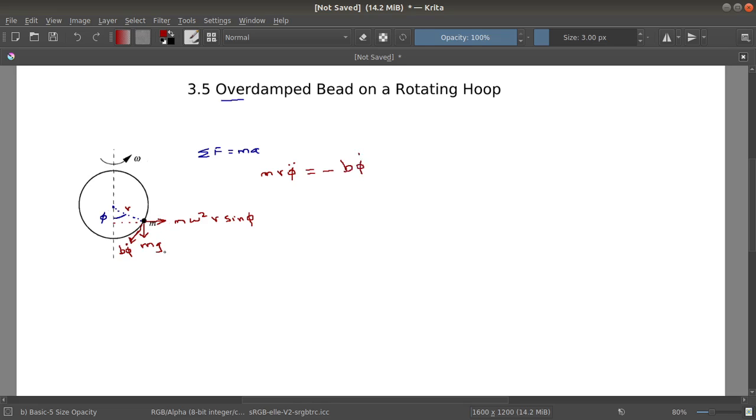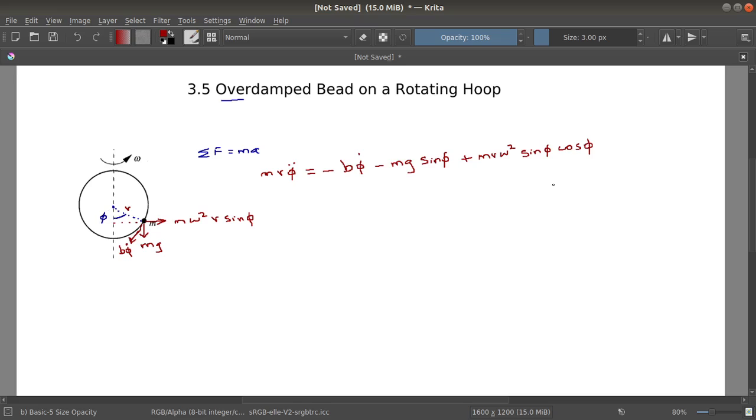What about mg? That's again negative, and the projection is mg sine phi. How about this one? This is plus m r omega square sine phi cos phi. So that's the governing differential equation.